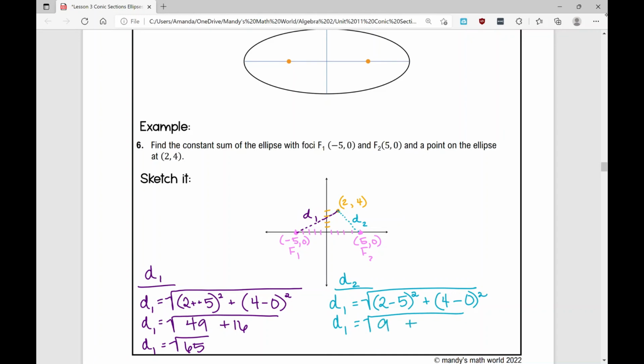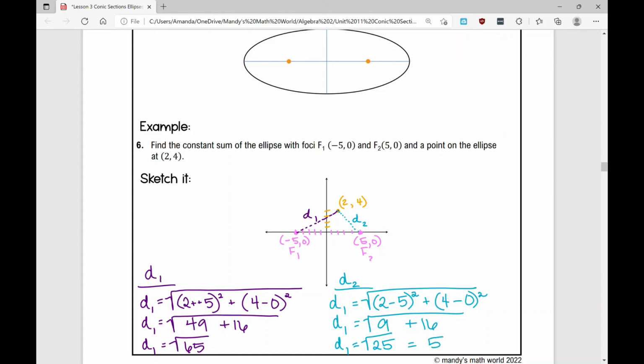Then 4 minus 0 is 4, and 4 squared is 16. 9 plus 16 is 25. The square root of 25 is a perfect square, and I get 5.